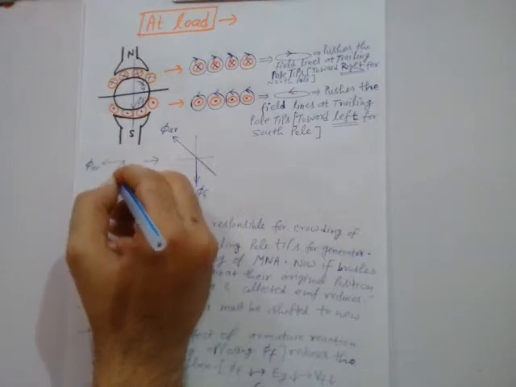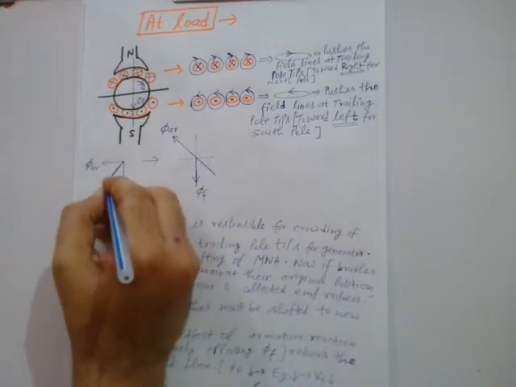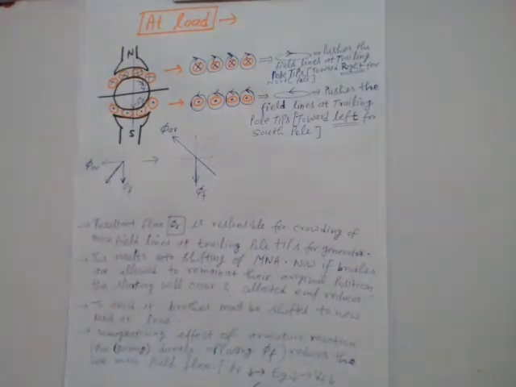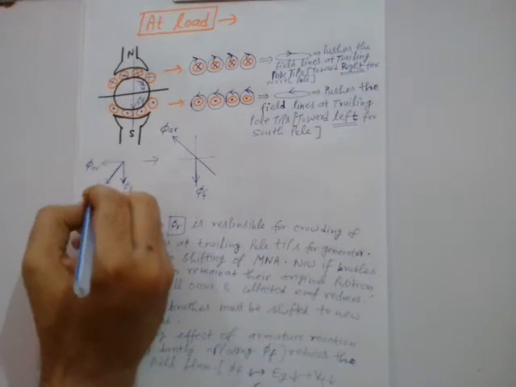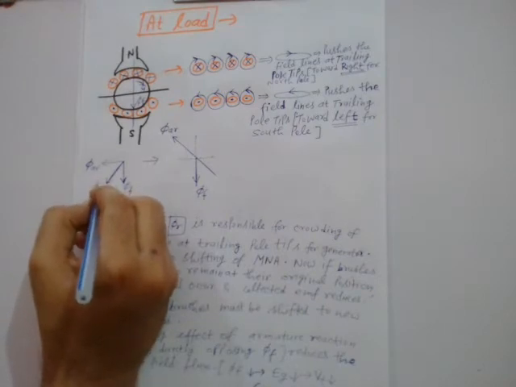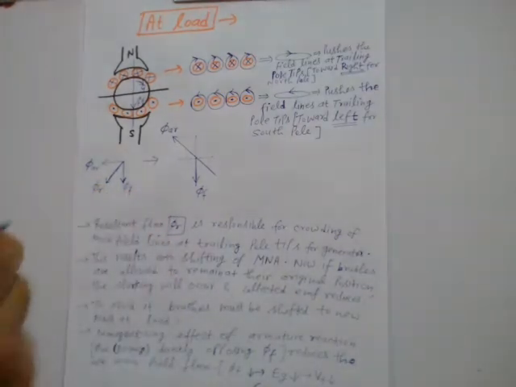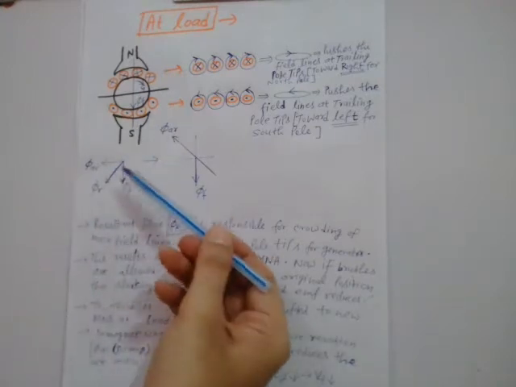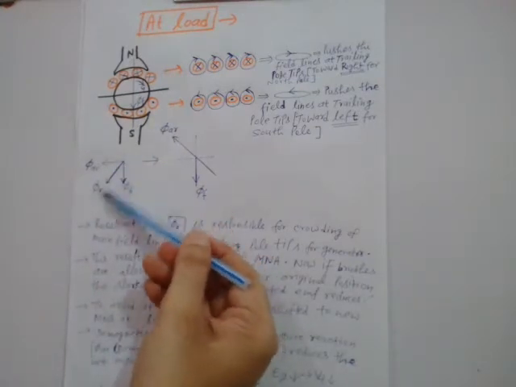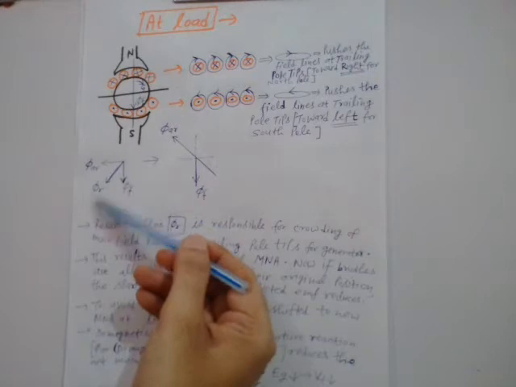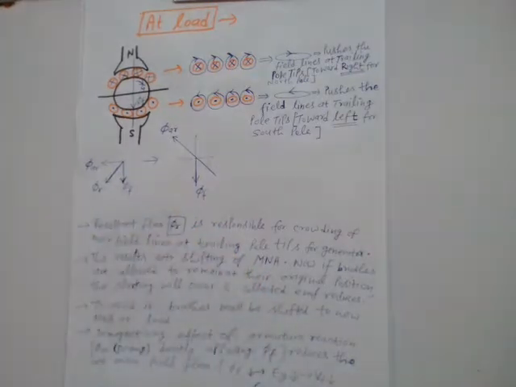So this is the position of resultant flux in the loaded condition. Just take the parallelogram law and you will see that the resultant flux due to the armature flux and field flux will be somewhere in between these two, like this. So this is my position of resultant flux phi r.